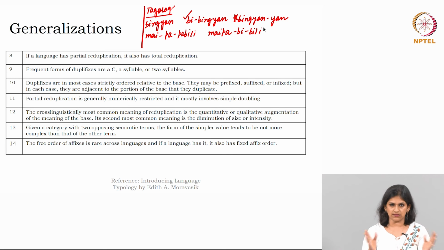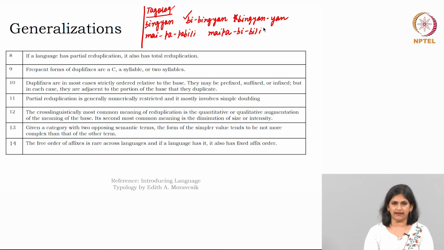The first thing, cross-linguistically, which means in most of the world's languages, the most common meaning of reduplication is quantitative or qualitative augmentation of the meaning of the base. So, generally the meaning is related to the base, and that is how reduplication works.